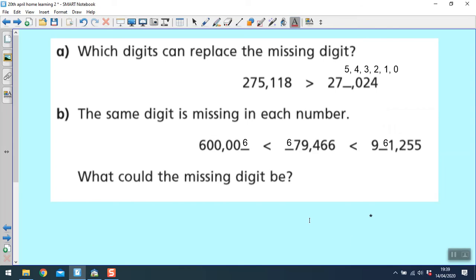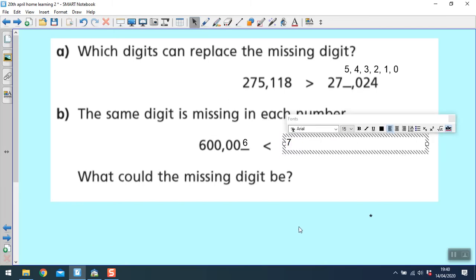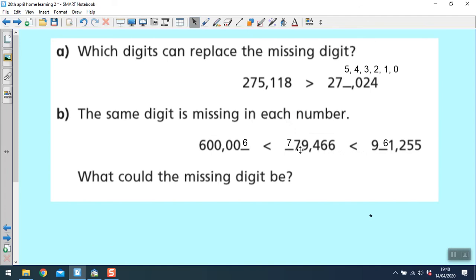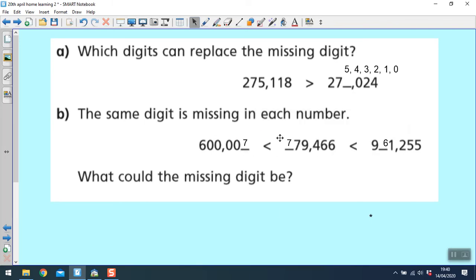Could I only have a 6? Would it work if I had a 7? If I had a 7 there, 779,466, is that bigger than 600,007? Yes. And then 971,255.